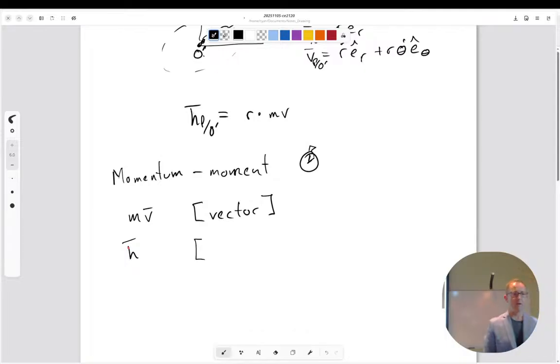What do we think about h, angular momentum? Scalar, vector? It should be some kind of vector, right? It should have some scale, how much angular momentum, and it's got to have a direction. So if we have angular momentum, which way is it pointing?